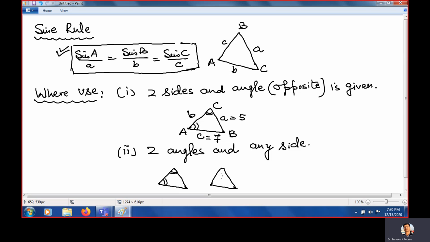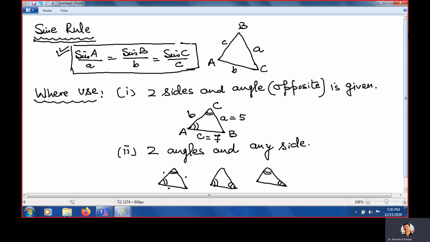In another triangle, this is given and this is given, and in a third triangle, this is given and this is given: any two angles are given. Clear? Two angles and any side, like this is given, this is given, this is given, any side is given. Any two angles and any side is given. Only in these two conditions we can use the sine rule. Please remember, we can use the sine rule.